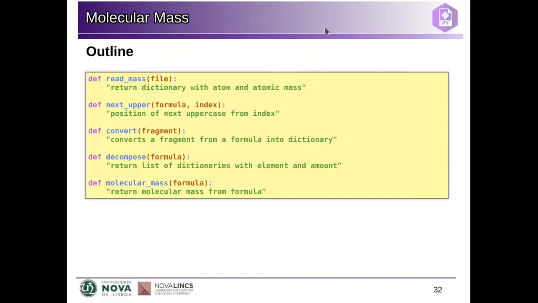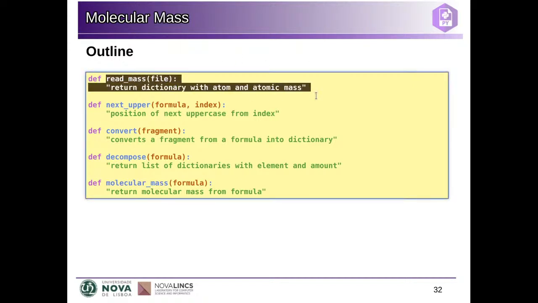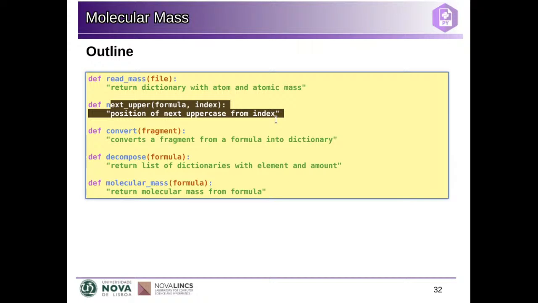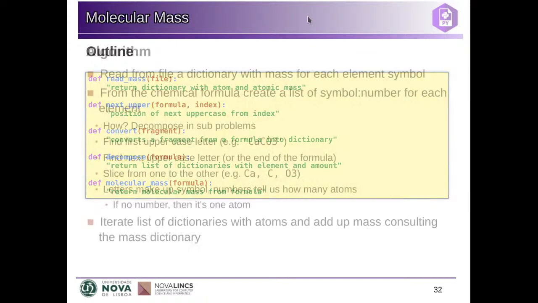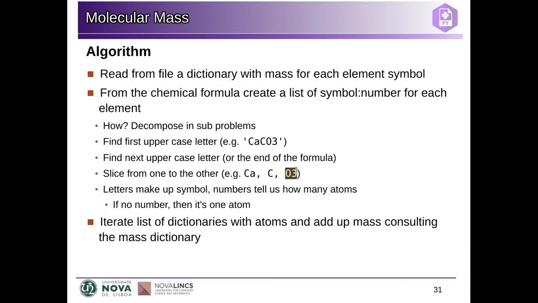So let's create the outline of the program. We need a function to read the dictionary of atomic masses. We need a function to help us find the next uppercase letter when we are moving through the chemical formula. Then we need to convert a fragment of the chemical formula, something like this, into a more easily interpretable structure.